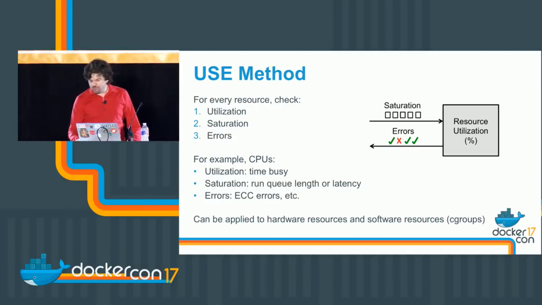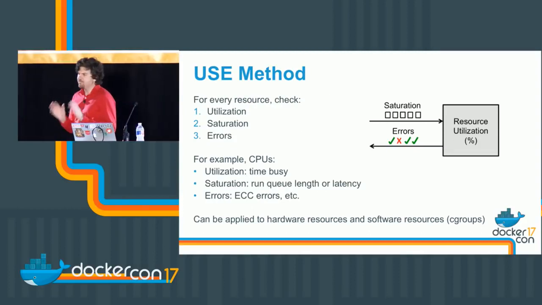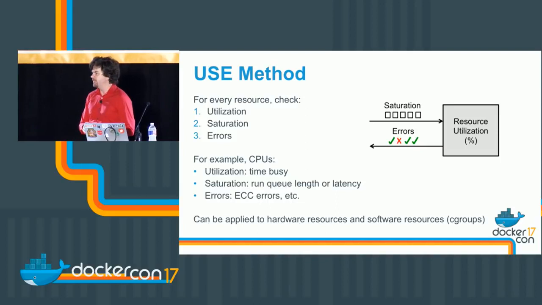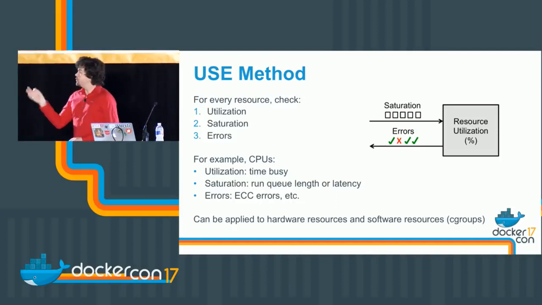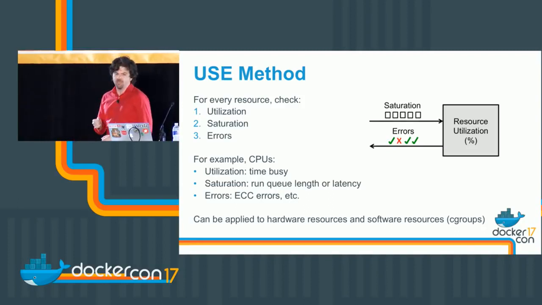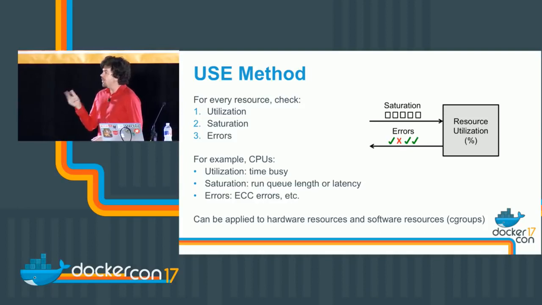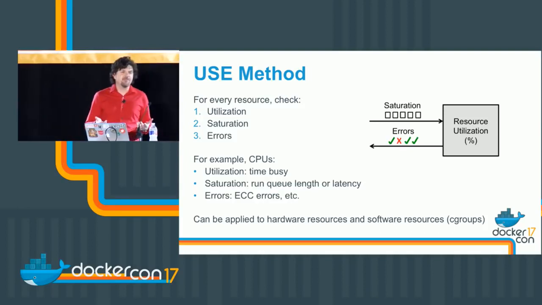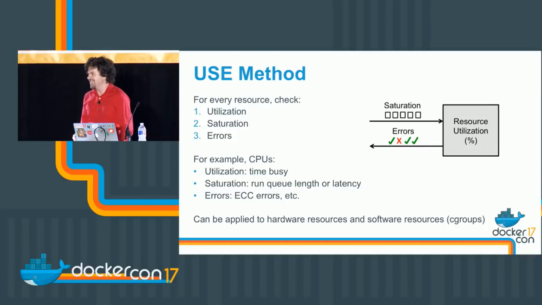So the USE method, I came up with this a while ago. It's proven very effective in production. And it is where you take a functional diagram of the system, and for every resource you only want 3 metrics: utilization, saturation, and errors. A problem we can have in performance is there's too many metrics. I run netstat -s and it goes past the screen.